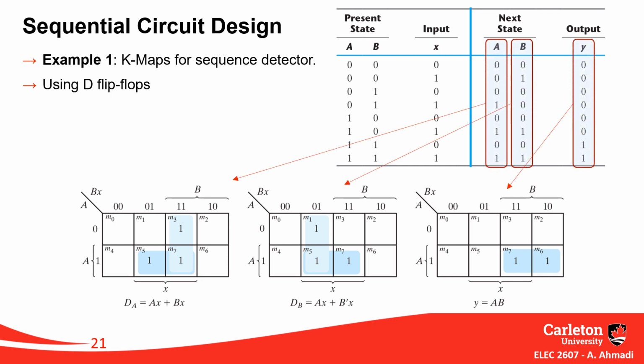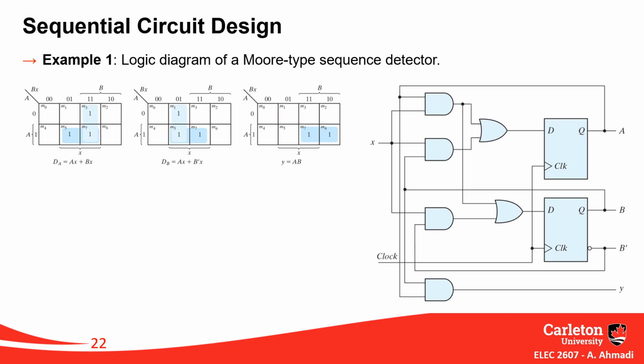So for each of these, you'll find the logic: what is the input of the D flip-flop as a combination of input and states for D flip-flop A and B, and also for your output Y. After simplification, you find the functions. Implementation will be as you have here, similar to what we did before.